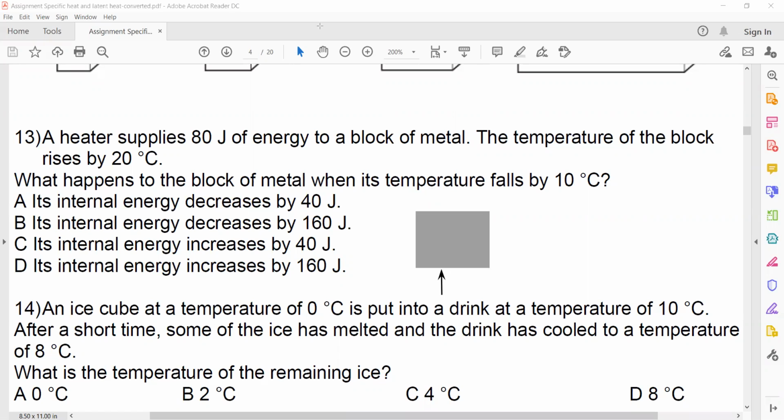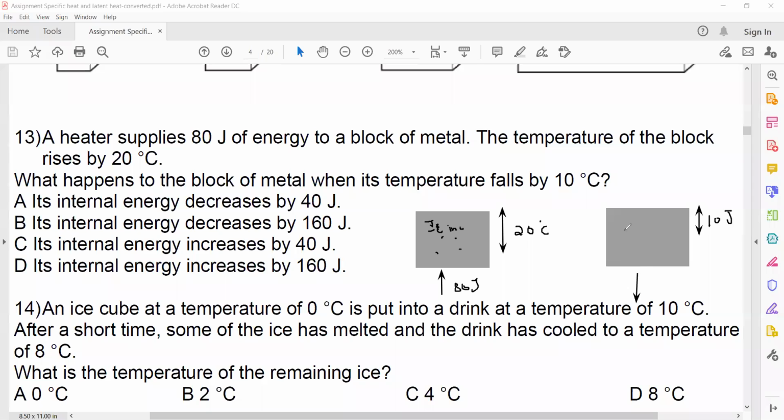You supply 80 joules and this causes a temperature change of 20 degrees. The question is, if we remove energy, so the temperature falls by 10 degrees, which statement is correct? When we supply energy, the particles gain energy, so the internal energy will increase.